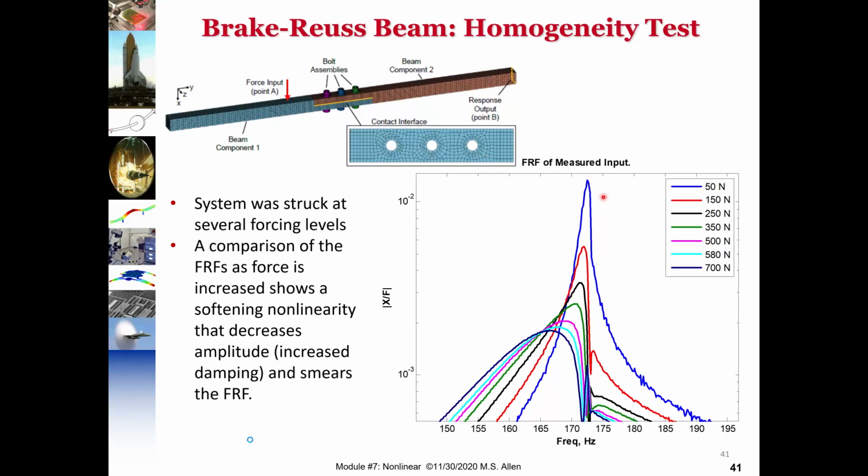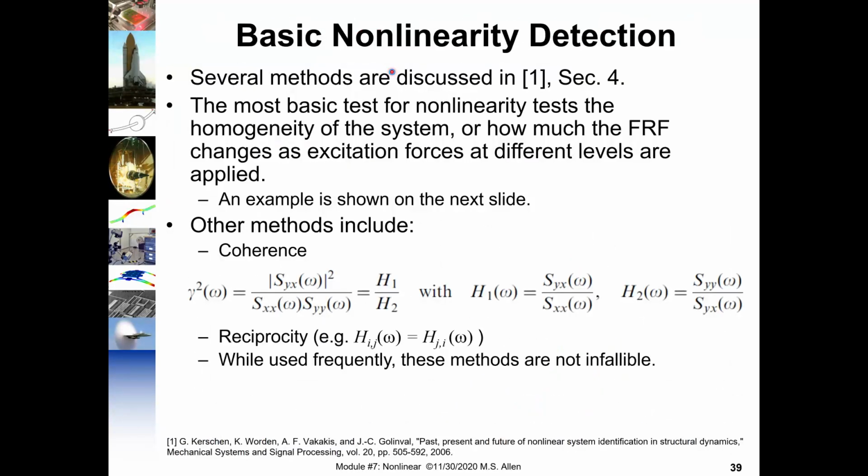If we calculate the FRF at a point in each case, you can see the FRF changing shape. We're introducing a distortion in the shape, and this shape is actually pretty common for bolted joints. And you see that the amplitude is going down, so there's an increase in the effective damping. So a simple test like that can really easily tell you if you have nonlinearity.